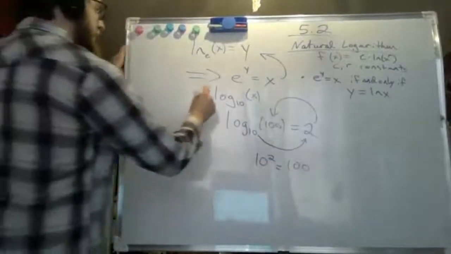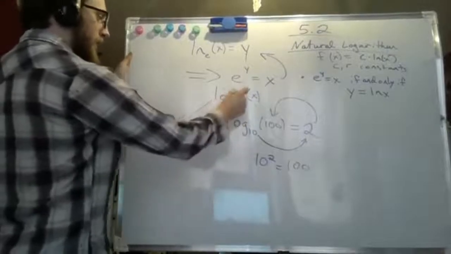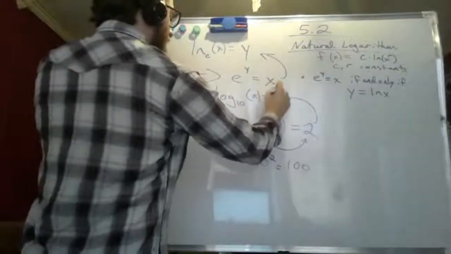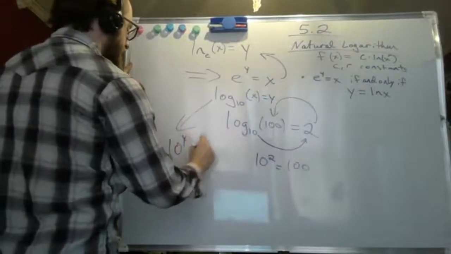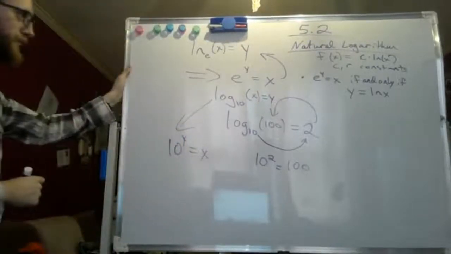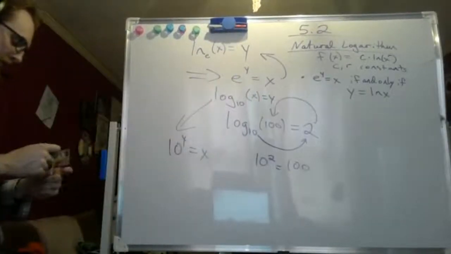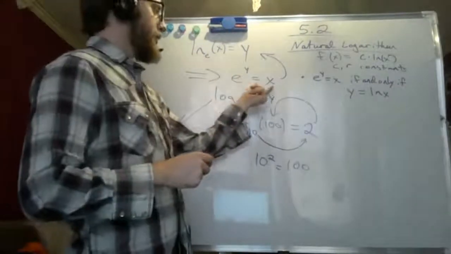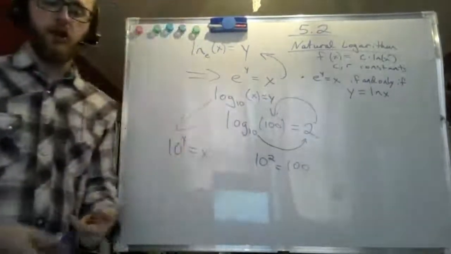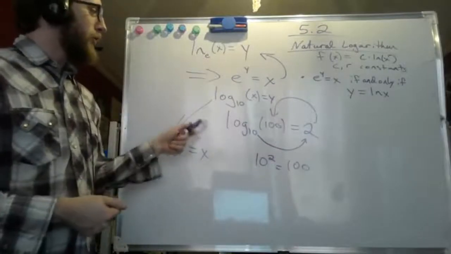So, point being, if you have log base 10 of x, and this is equal to some y, then 10 to the y is equal to x, which is the same relationship we have up here with the natural logarithm. So this is a very important little rule that you're going to be able to use when you're trying to simplify logarithms, when you're trying to simplify natural logs. You're going to use this over and over again.